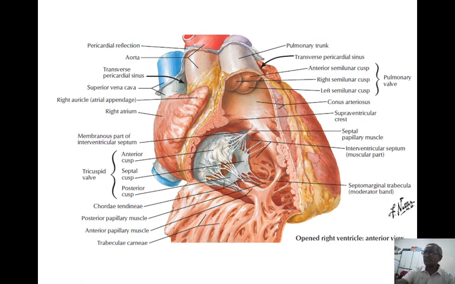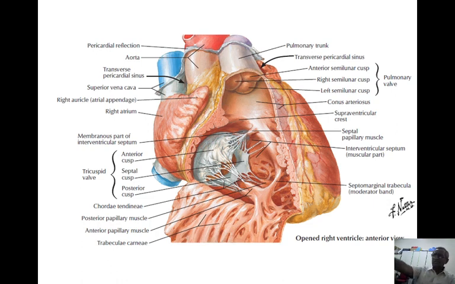The inflow tract is covered by the cusps: anterior cusp, septal cusp, and posterior cusp. Here we see the anterior cusp is larger than the septal cusp. Of course, they are connected to the papillary muscles through the chordae tendineae, and that will come.